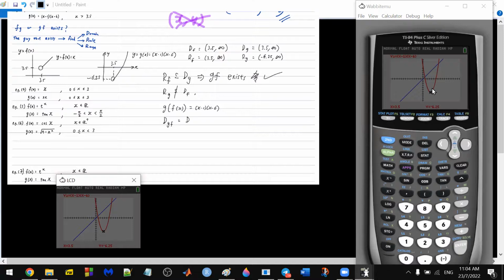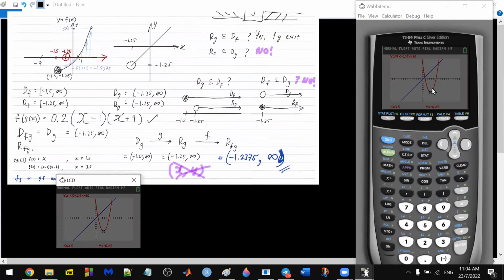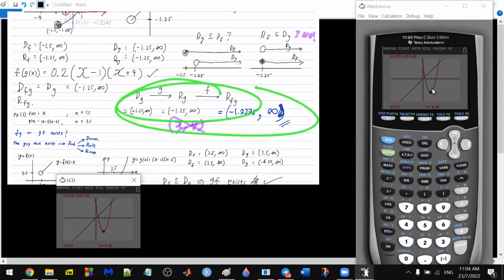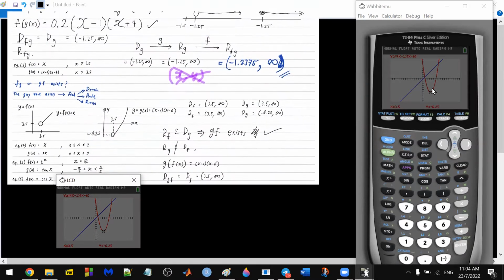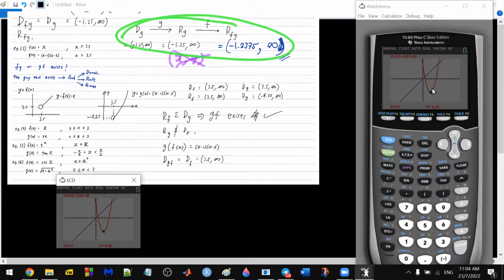Domain of F bracket 3.5 comma positive infinity. Correct. Good. How about the range? I haven't found yet. I'm still finding that one. Okay, draw the diagram, and then maybe you take a photo and send me, then I give some comments. Once you're done, the last part.